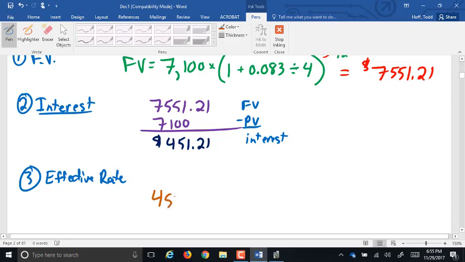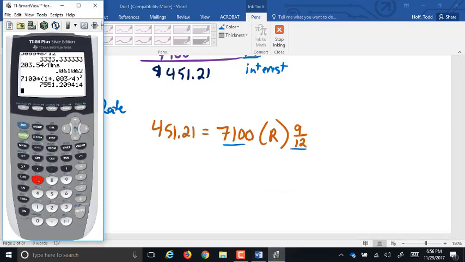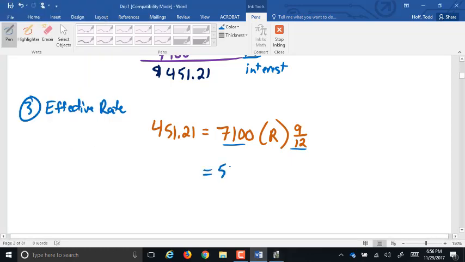Yes, we're using I equals PRT. 451.21 is our interest. Our principal is 7,100. We are looking for the rate, and our time is 9 months, 9/12. So first we have to combine the 7,100 times 9/12. This one should come out to be a relatively easy number to work with. There it is, 5325. Times R is equal to 451.21.